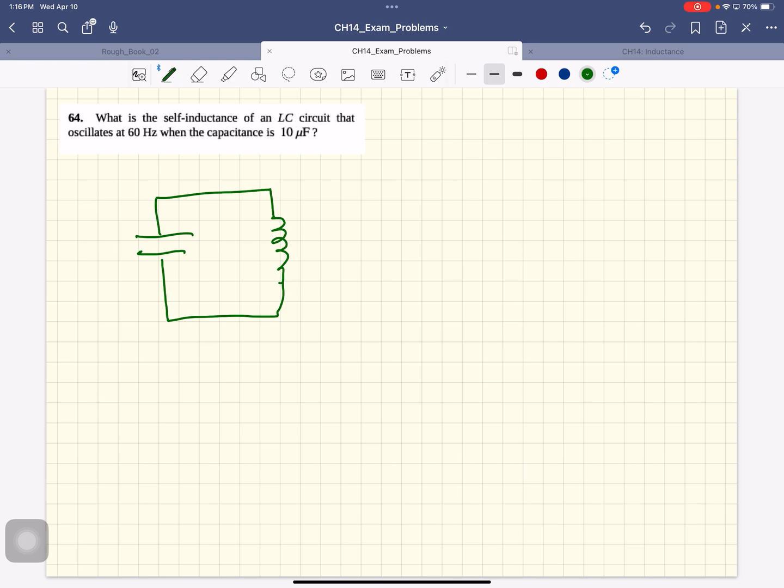And this circuit oscillates at an angular frequency given by 1 over root of LC. And omega, of course, is equal to 2 pi f. So what they're saying is f is 60 hertz. They give you the capacitance, and they ask you to calculate the inductance.